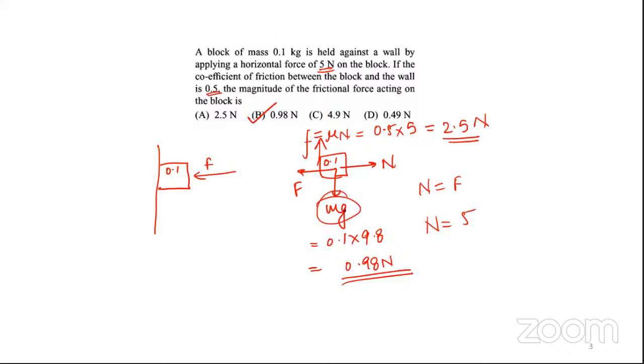Over here, this is mg. I've only calculated mg over here. Okay. Got it? Yeah. This is mg force. I'm comparing friction with mg over here. Anyone else any doubt? Shall we proceed to the next one? Alright.